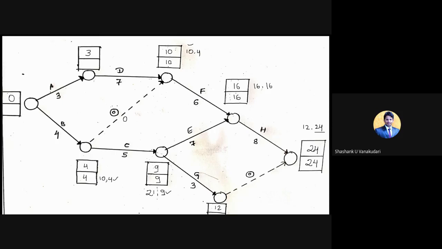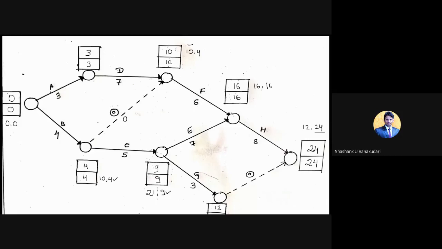And then 10 minus 7 becomes 3, only one node is ending, so directly I'm writing it within the box. Now 4 minus 4 will be 0, and here 3 minus 3 will be 0. Okay, so finally we got 0 as the last LFT from the reverse.